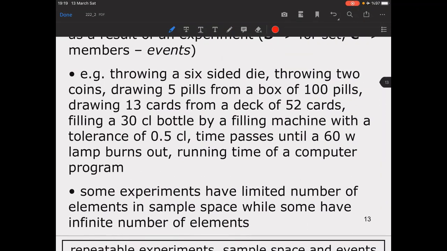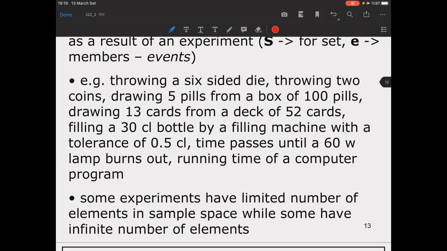As you have seen from our examples, some experiments have a limited number of elements in the sample space, and we can count them, right? Some of them we can even write down, for example coin toss and rolling a die, and we could write all of them one by one.